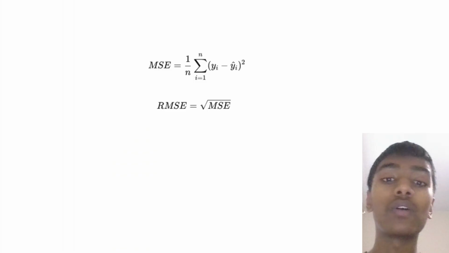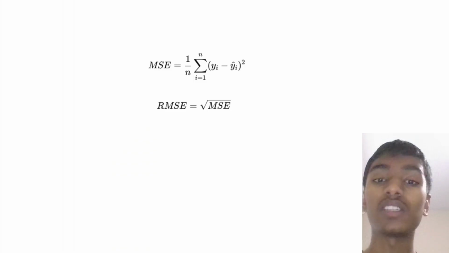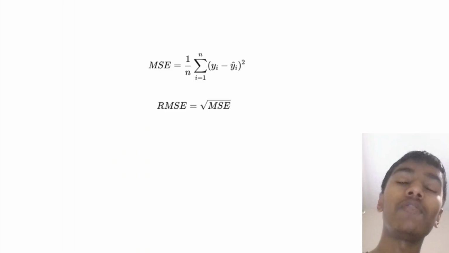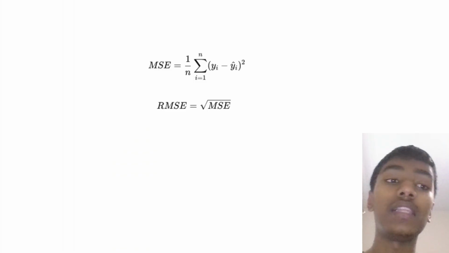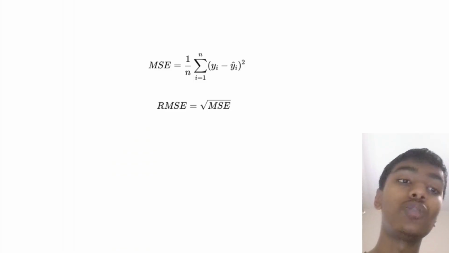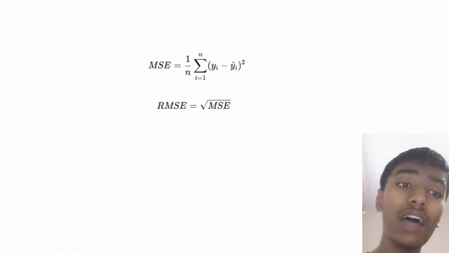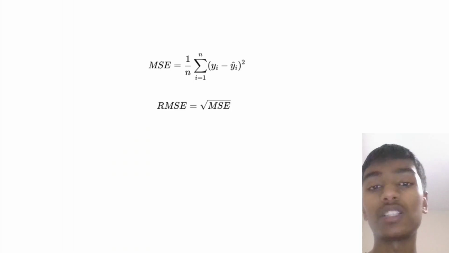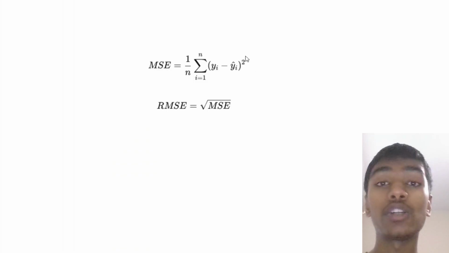From there, we're going to square it. The reason we square it is because we want to remove the negative symbol. If the model, on the other hand, were to predict 120,000 and the actual value were such that the difference was negative, we want to get rid of that negative value by squaring it. Keep in mind that this does penalize larger errors.